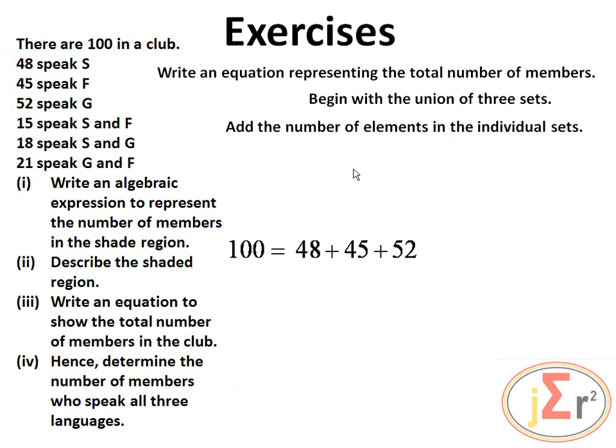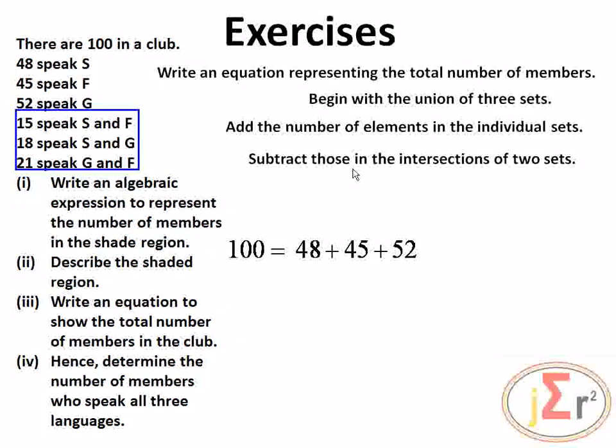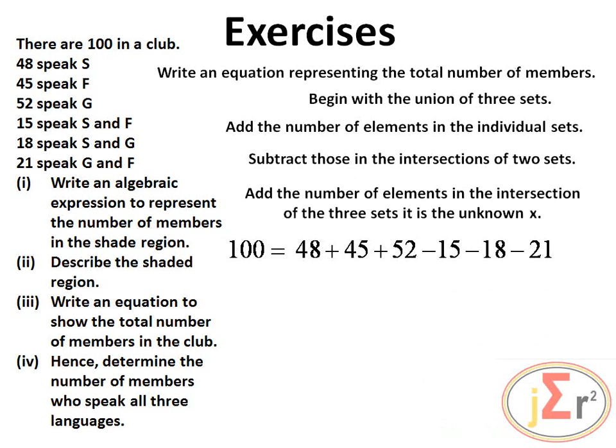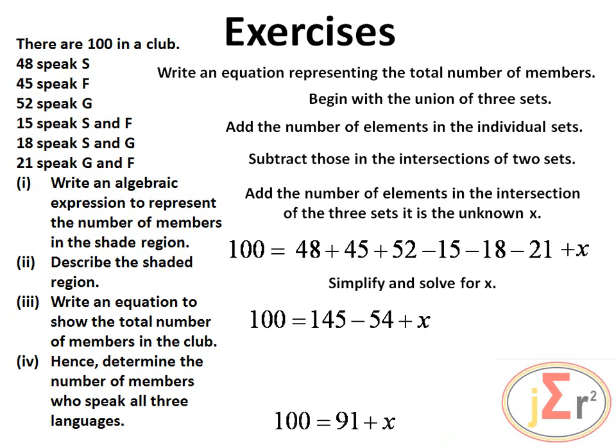And if you are going to take the two at a time, we subtract them on the right hand side. And of course, add the number of elements in the intersection of the three sets. It is the unknown x, so that is added right there. And then when we simplify and solve for x, that is our result. So x is equal to 9.